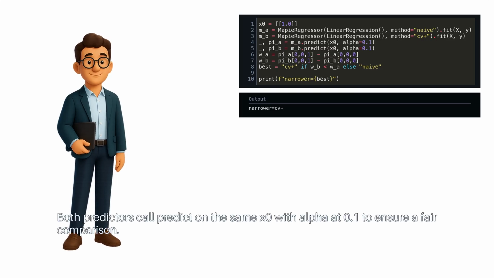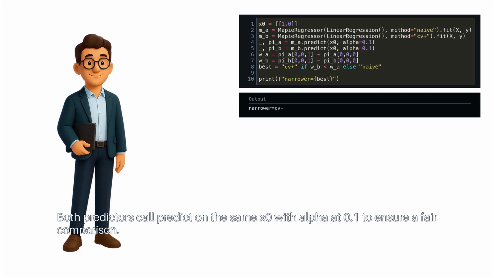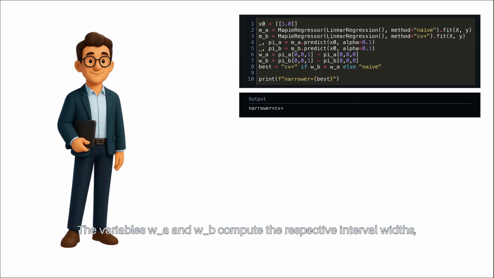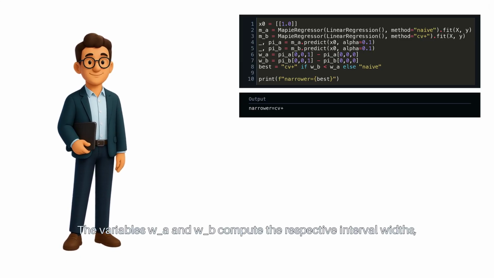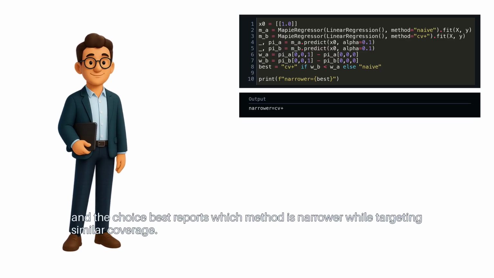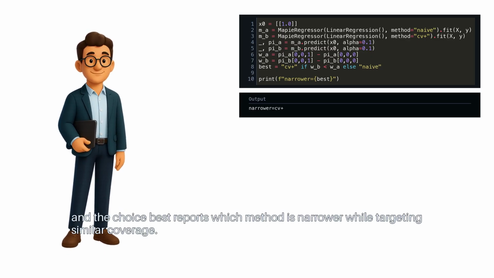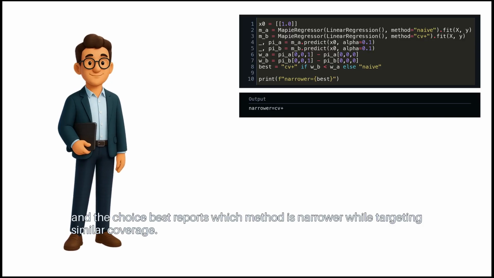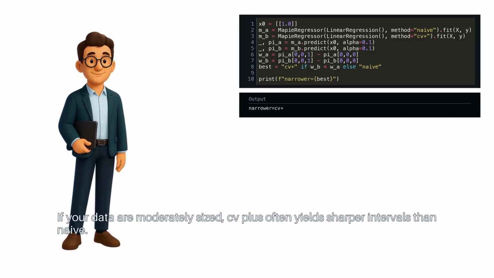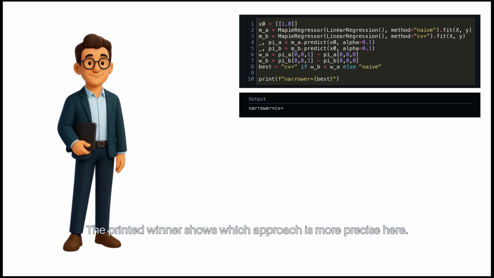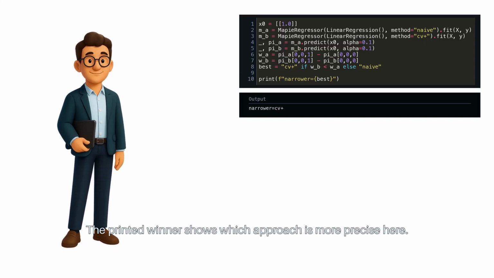Both predictors call predict on the same x0 with alpha at 0.1 to ensure a fair comparison. The variables WA and WB compute the respective interval widths, and the choice best reports which method is narrower while targeting similar coverage. If your data are moderately sized, CV plus often yields sharper intervals than naive. The printed winner shows which approach is more precise here.